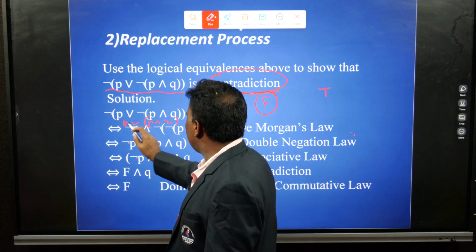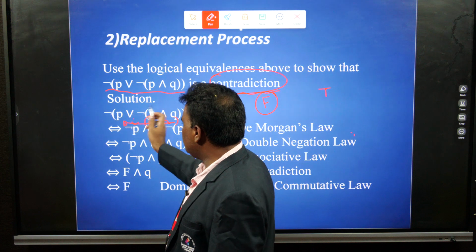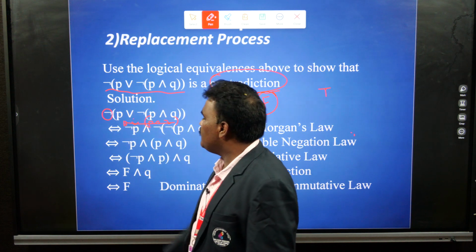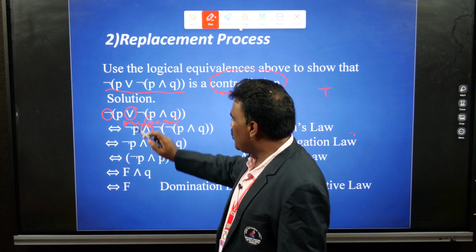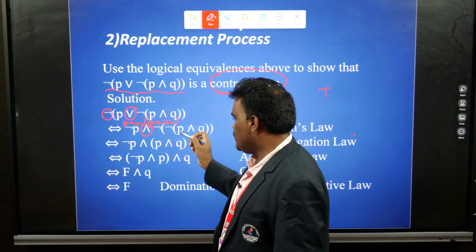De Morgan's law means we have to apply the negation and simplify. Whenever we apply De Morgan's law, the OR operator will be converted into the AND operator, and then we apply the negation on the next statement.